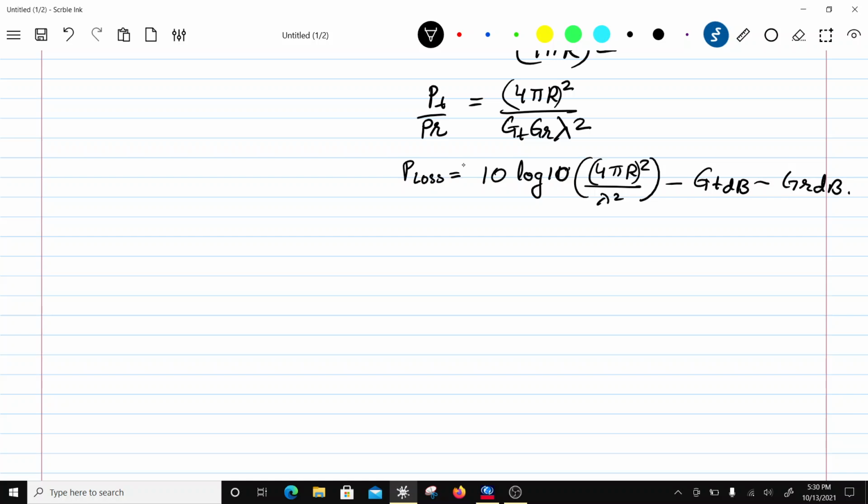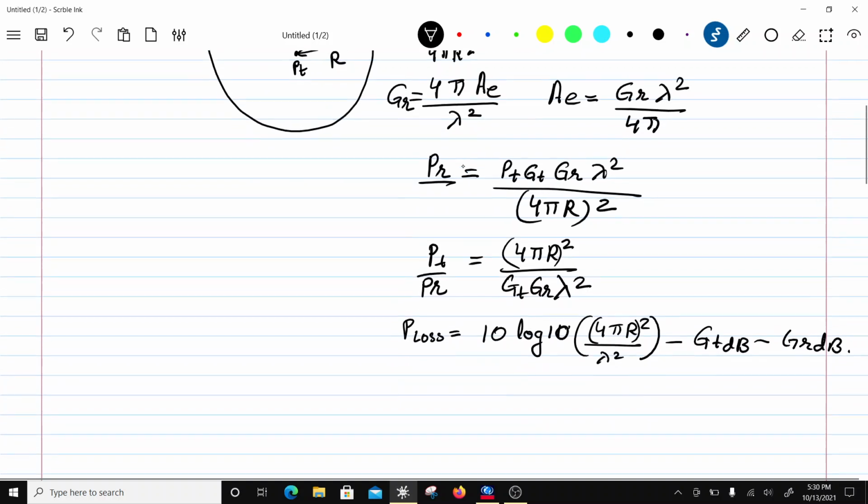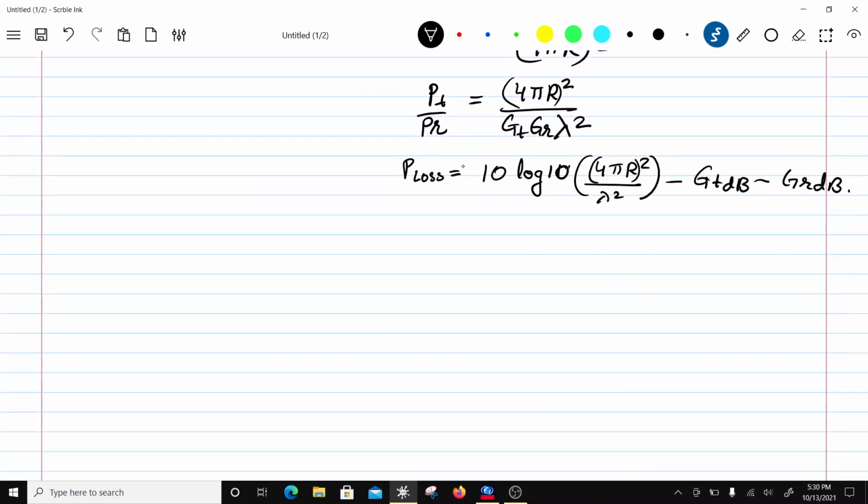The other factor you can see is the absorption. Now absorption mostly is in two bands. One is the water absorption in the 22 gigahertz band, and then the oxygen absorption band is around 60 gigahertz, right? Besides that, I don't see a lot of absorption issues here.